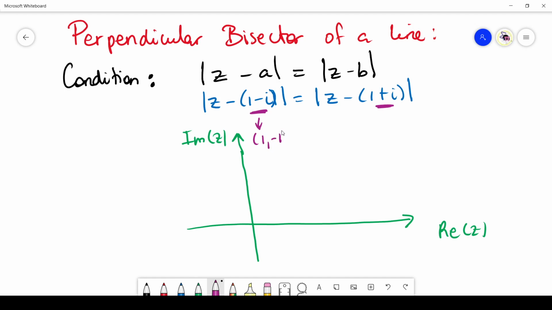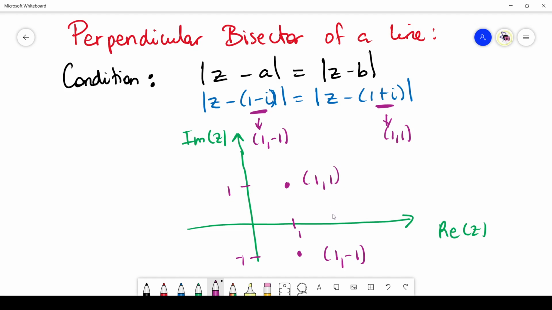The coordinate we'll be plotting here is simply 1, 1. All right, so on the left hand side, that complex number a is going to be 1 with negative 1. That's all the way down here. So let's call that 1, negative 1. And the next one is 1 with positive 1. That's all the way up here. We'll call it 1 with positive 1.